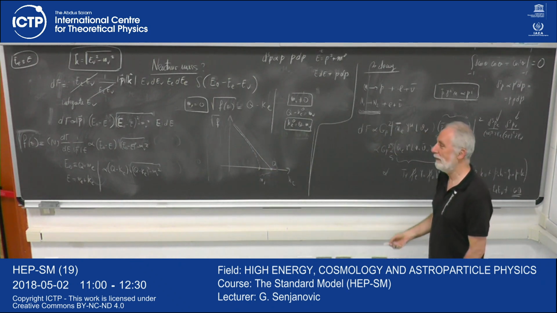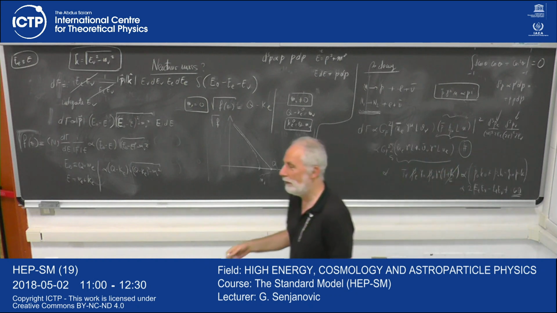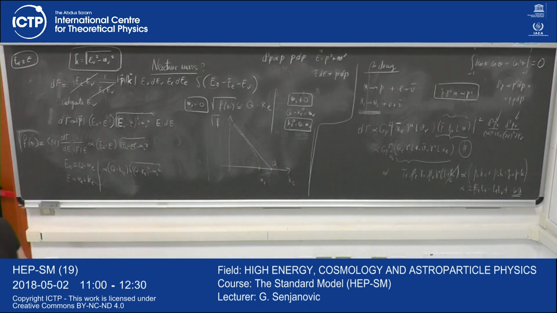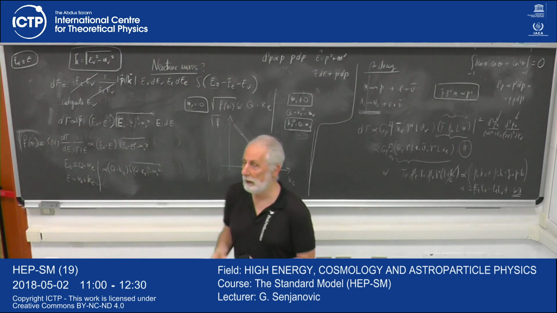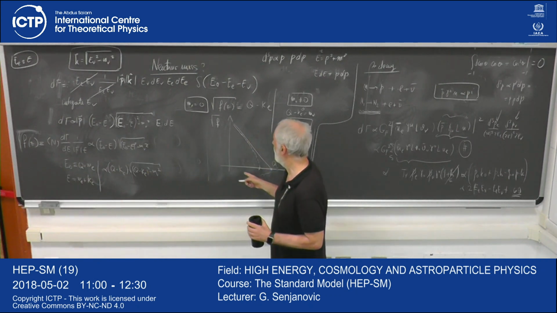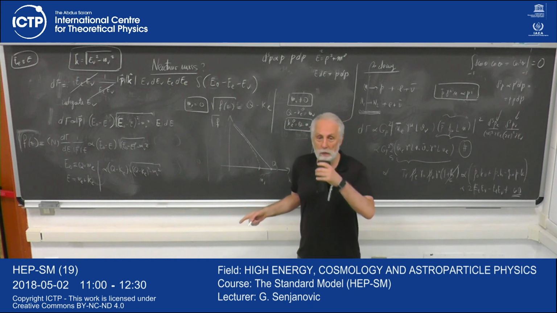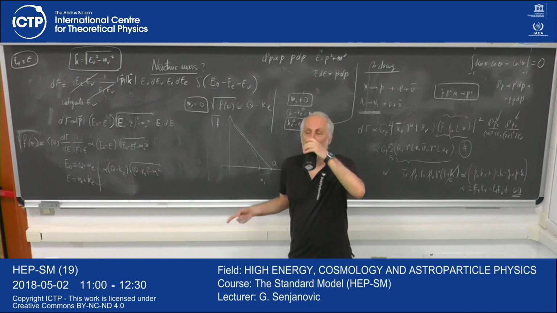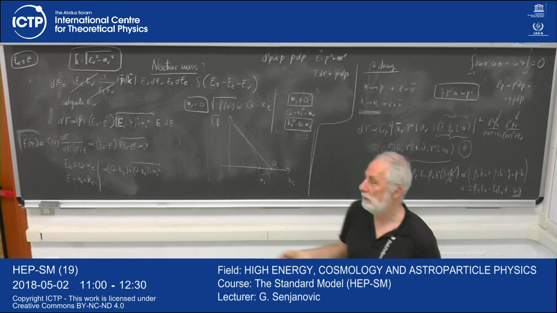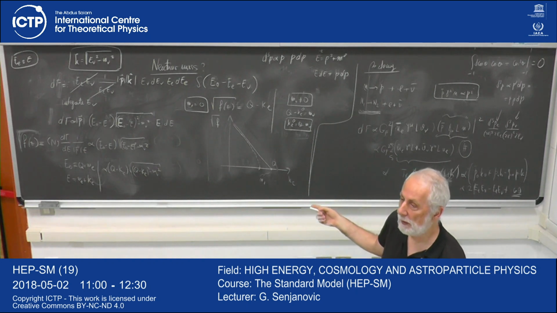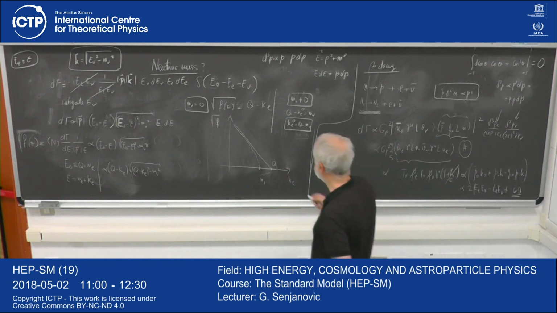These experiments, people that do this, this is extraordinarily hard, non-trivial how to interpret, and there are all kinds of problems of nuclear physics you can imagine. You have to have extraordinary resolution, and what you look for is the nuclei with the smallest Q. That turns out to be tritium. So people that do these experiments have been using tritium for a long time.